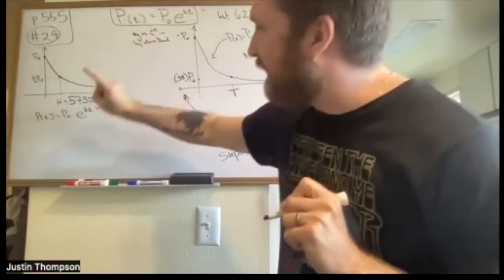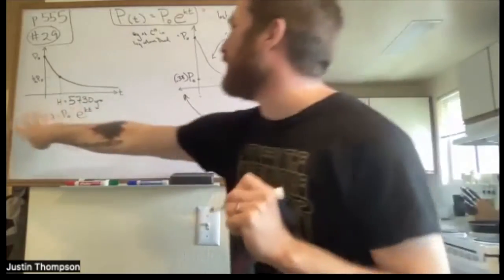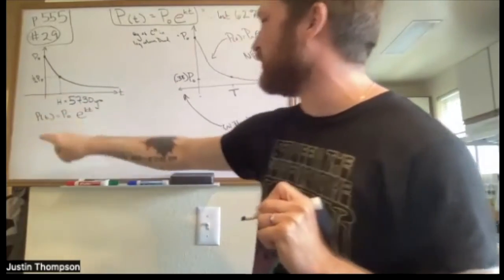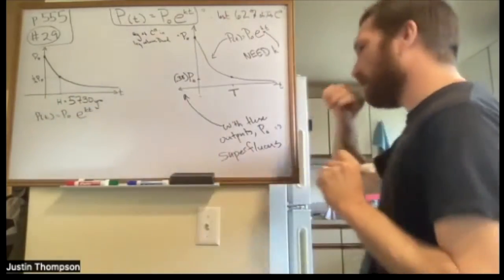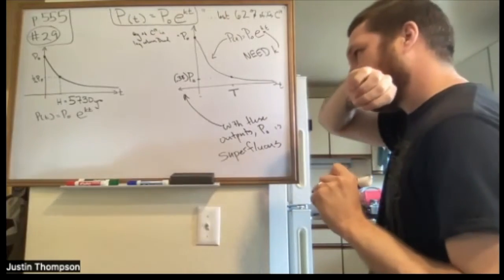Now let's plug in that H. And you tell me what to write here. What should I get if I take this function and plug in a 5730 for T?